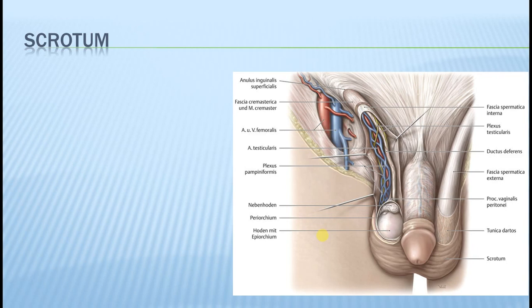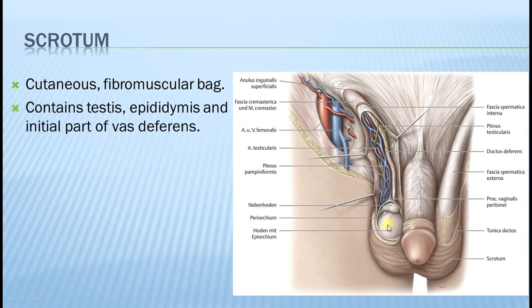So now coming to the external genitalia, scrotum. Now scrotum is actually a cutaneous bag, okay, and it also has some muscular component. You have the scrotal sacs, you call it as right and the left side, and in between you see a raphe, fibrous raphe, which also extends on to the ventral surface of the penis.